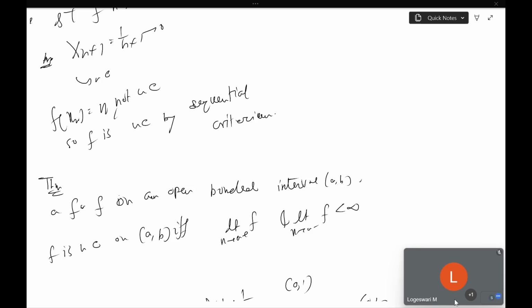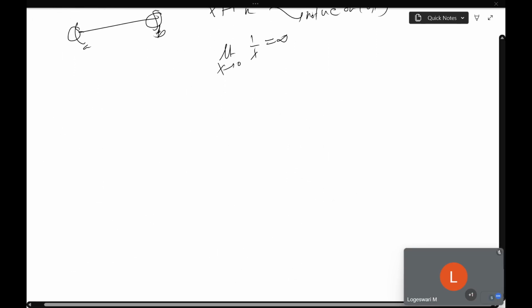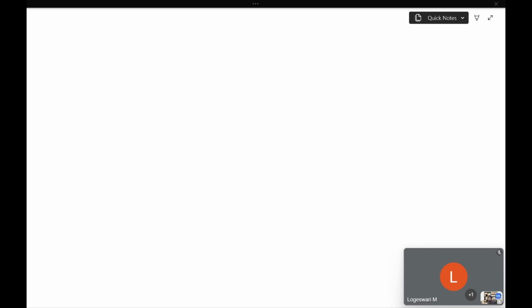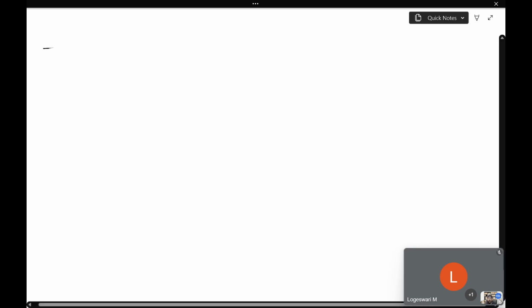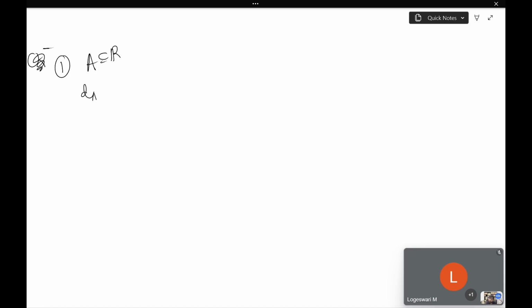Okay, so there is one problem that I think we should look at. Suppose A is a subset of R. Define a function d_A(x) to be the infimum of mod x minus a, where a belongs to A. This means what?